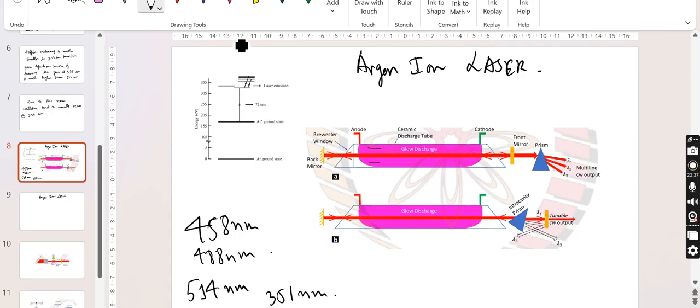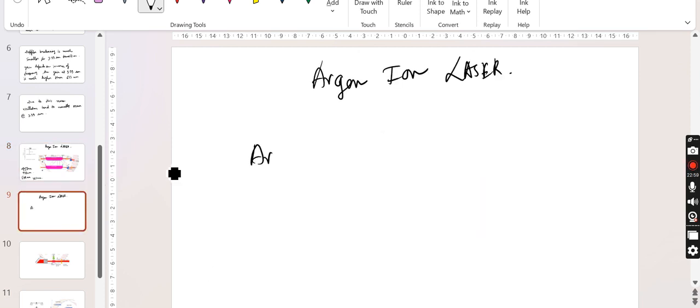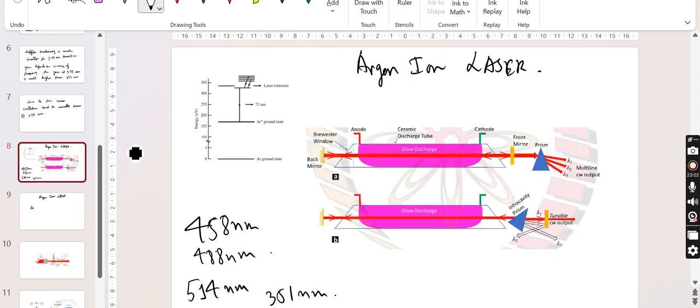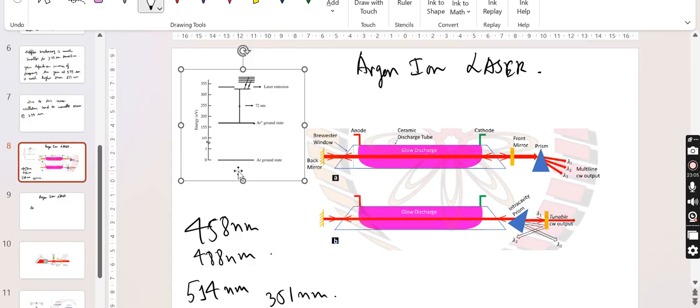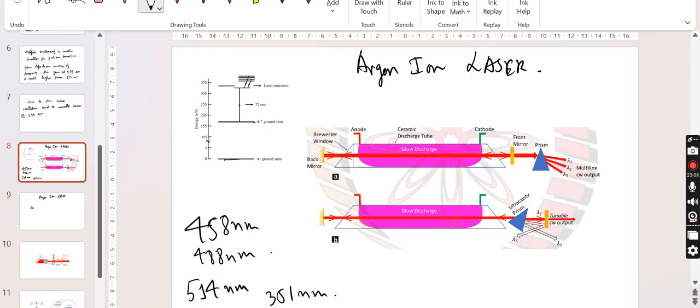And if we control this, then the unnecessary heat generation will be less. Here for the argon laser, it has been shown that this is the argon ground state at 0, and this is the argon plus ground state, and apart from this level, which is more than 30.5 electron volt, lasing action happens.